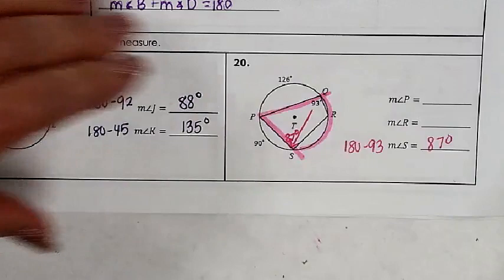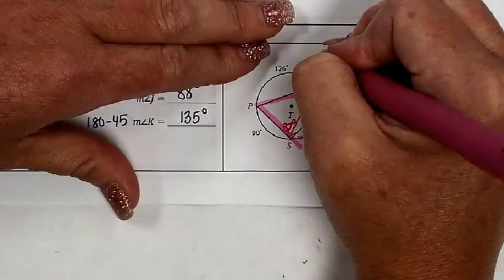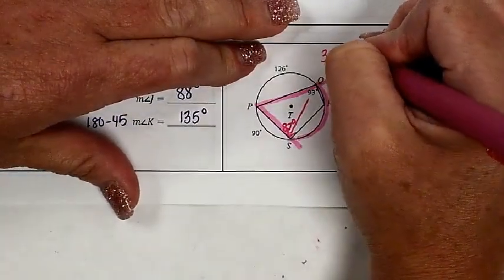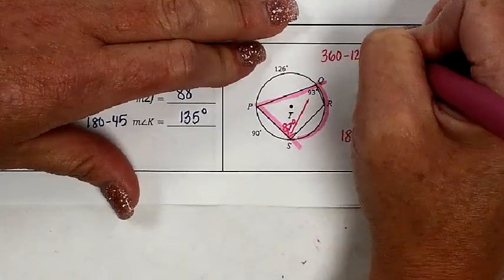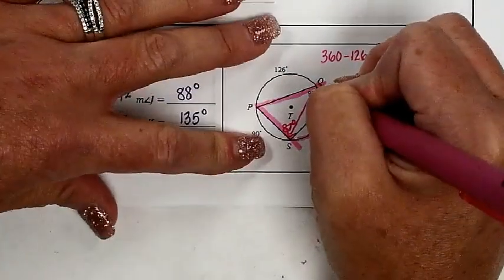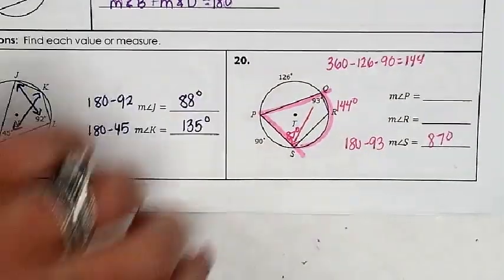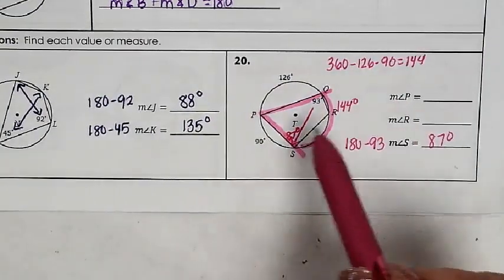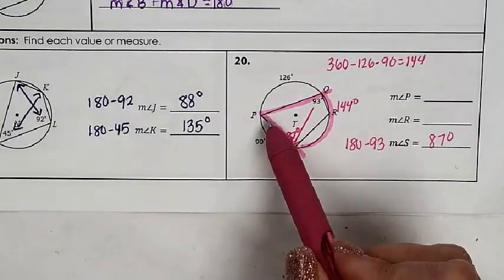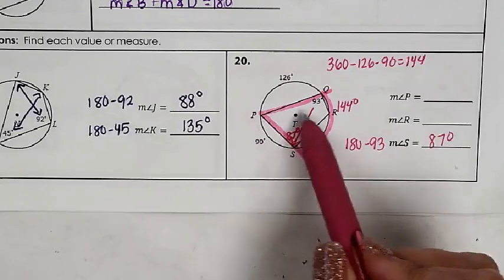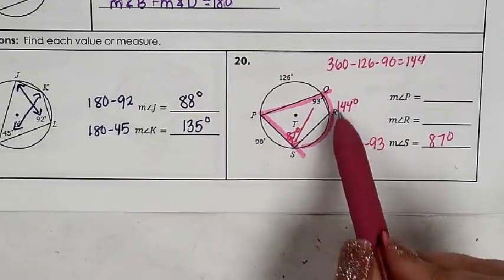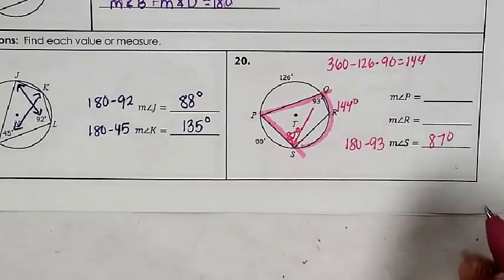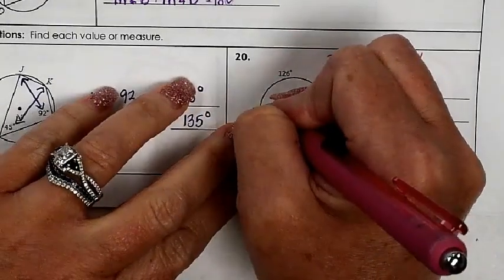So this arc is 144 degrees. Since it's an inscribed angle, vertex is on the circle, it's half the measure of the arc, so half of 144 is 72. So P is 72. We got that by doing 144 divided by 2.